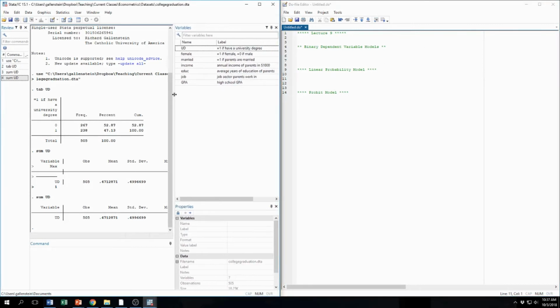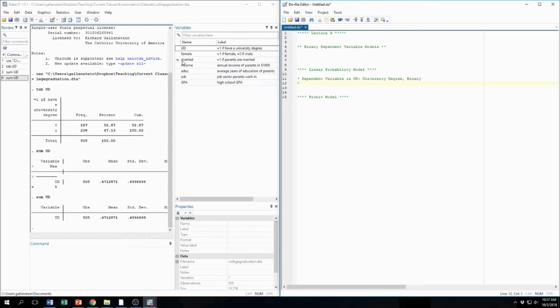That is, what's the probability that the dependent variable will equal 1? All right, so we use the same intuition. First of all, our dependent variable is UD, which is university degree. It's a binary variable.